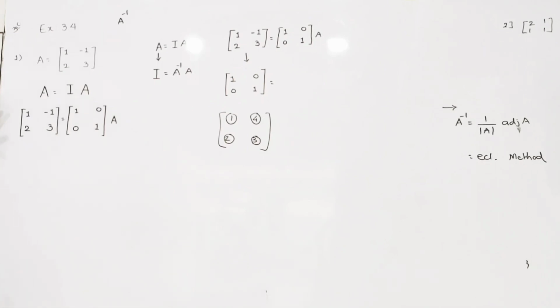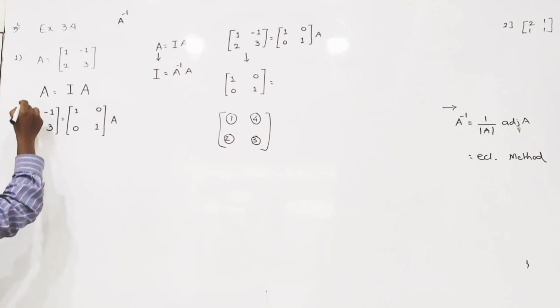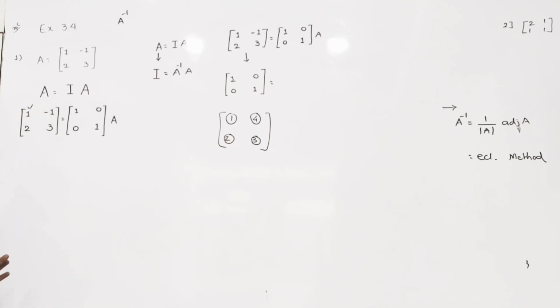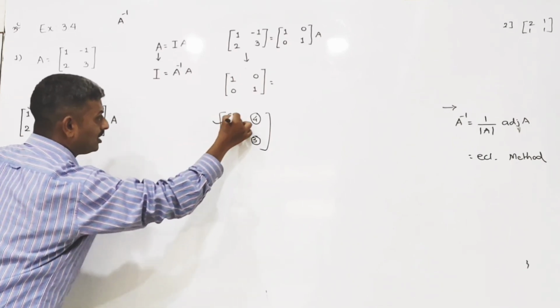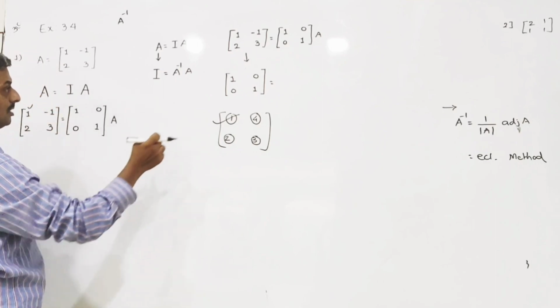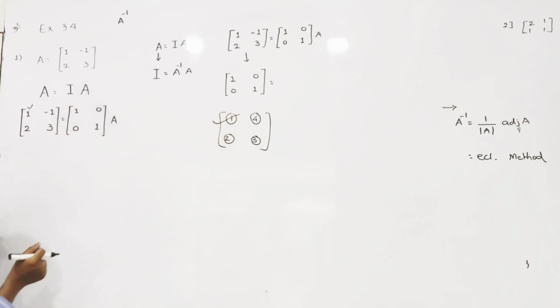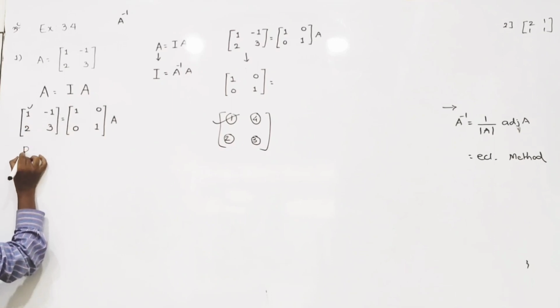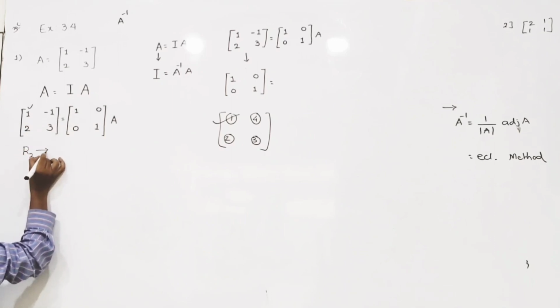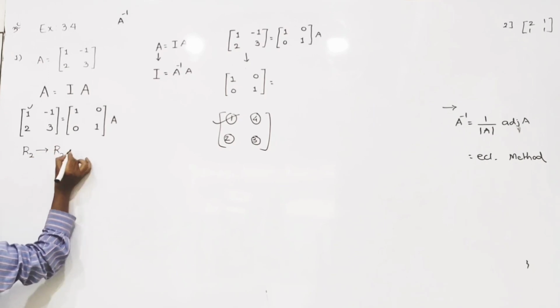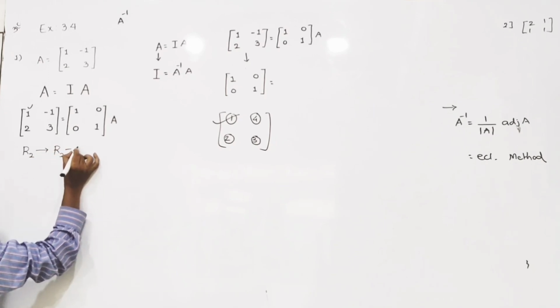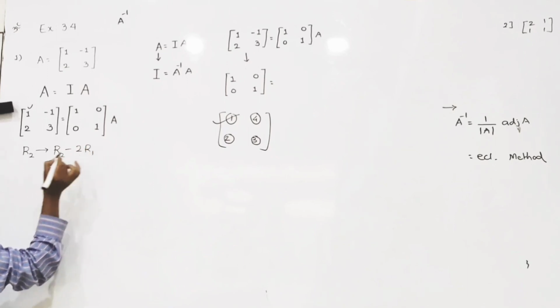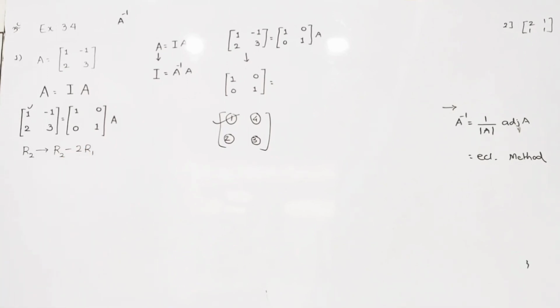Now, to make an identity matrix, here 1 is already there, so the first step is already finished. Now in this position I want 0, so the first row and second row will be affected. In the second row, I will multiply the first row by 2 and subtract it from the second row.